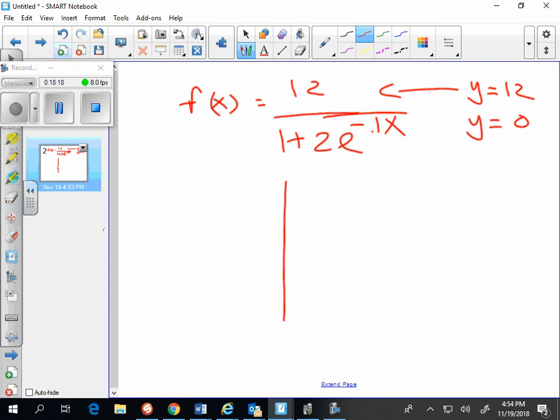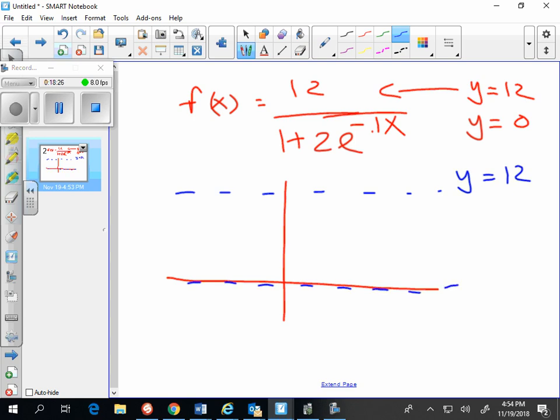And so I'm a long way to graphing this. I've got y equals 12, I've got y equals 0, and I'm going to add y equals 4 when x equals 0. Okay, so there's my graph so far.